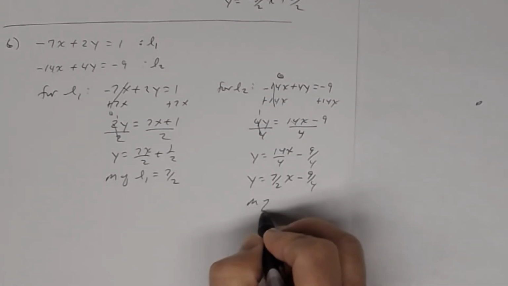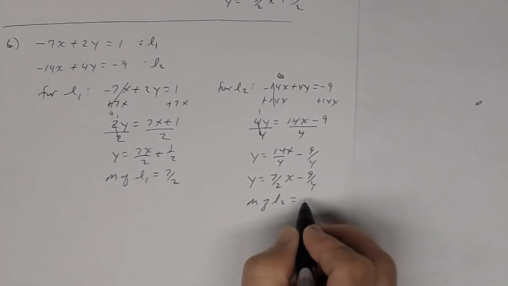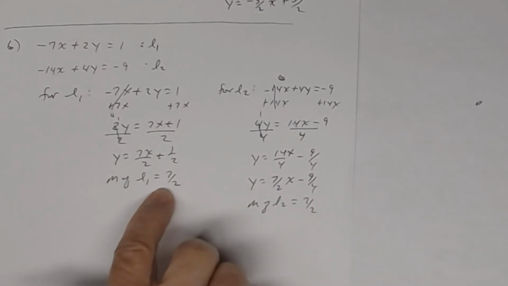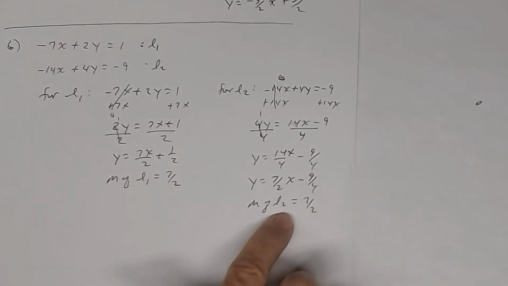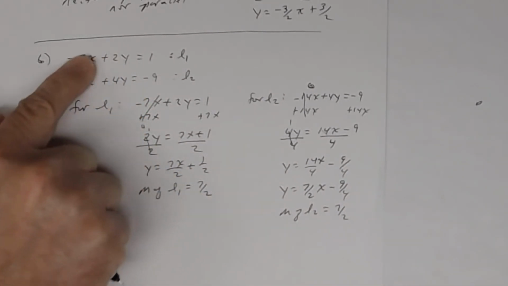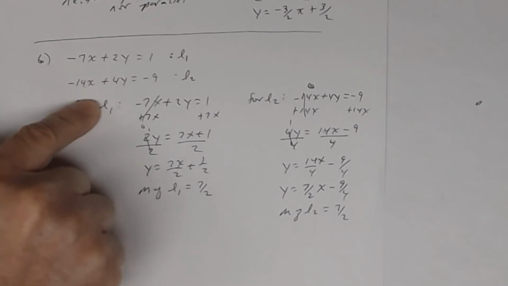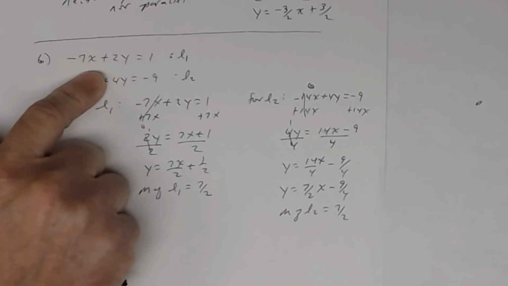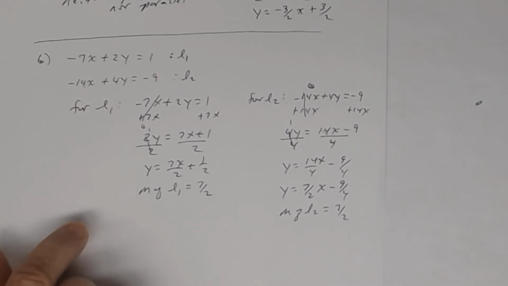So the slope of line 2 is what? 7 halves. So what do you notice about the two slopes? The slope of line 1 and the slope of line 2 are the same. So that means the graph of these two lines will be parallel.